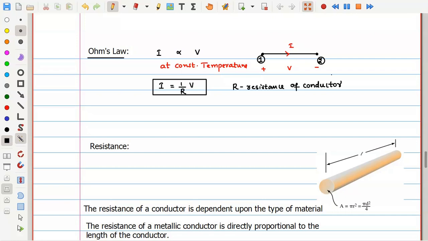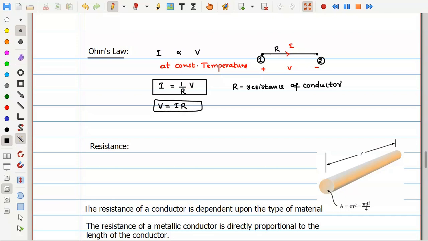This conductor will have some resistance, R. So we can write this expression alternatively as V is equal to IR.